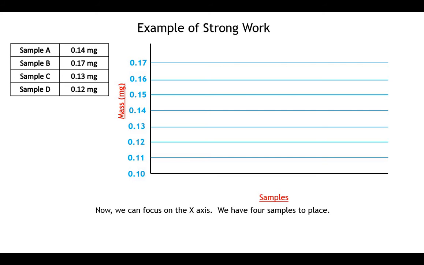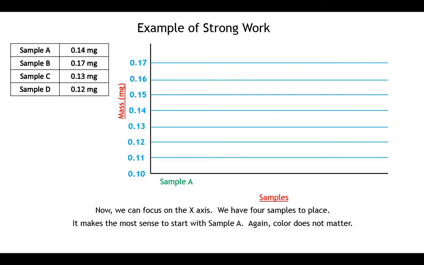Now we can focus on the x-axis. We have 4 samples to place. It makes the most sense to start with sample A. Again, color does not matter. Next is sample B, then C, then D.